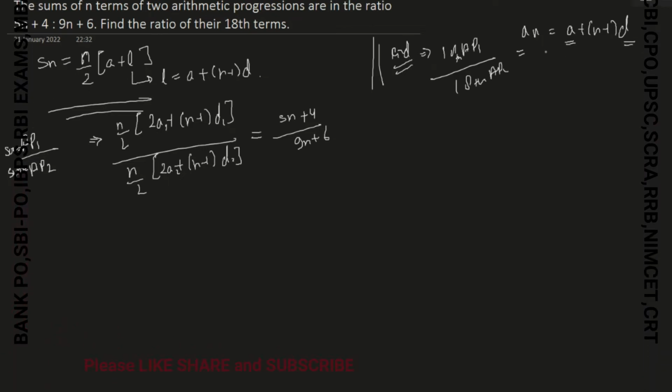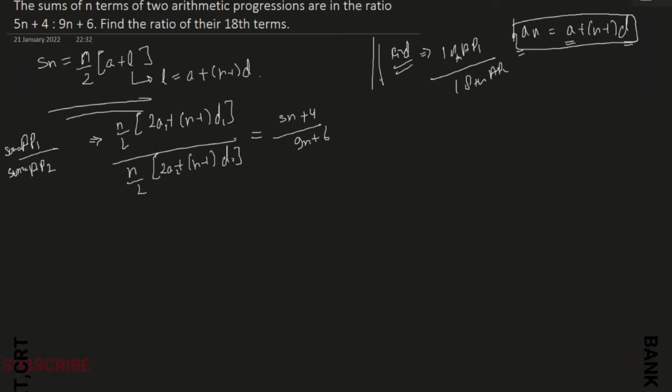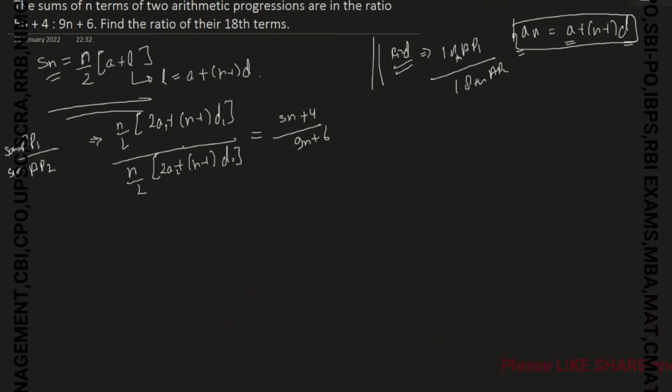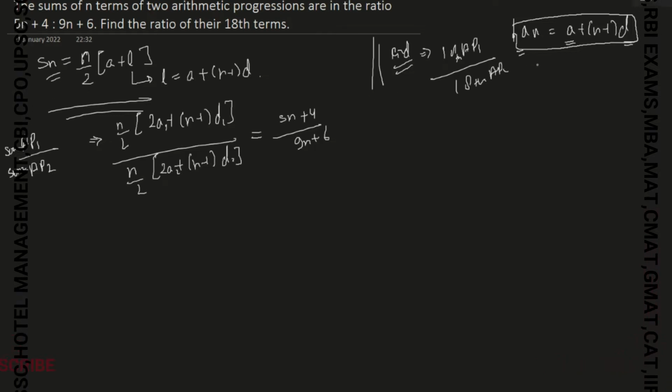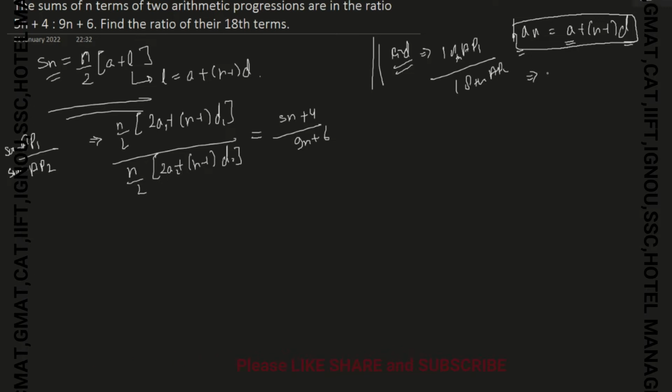Keep this in your mind while solving this question, because in this question both formulas will be used, S of n terms and a of n. Before solving this, we'll see some fundamentals to solve this question in an easy manner.